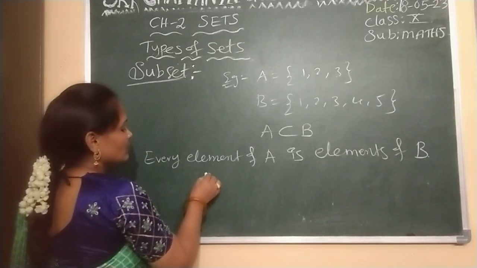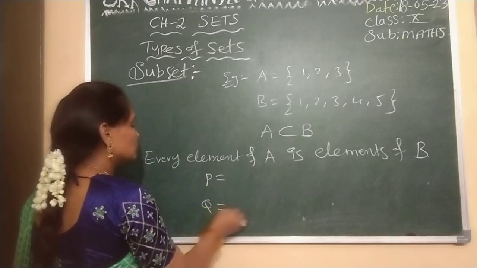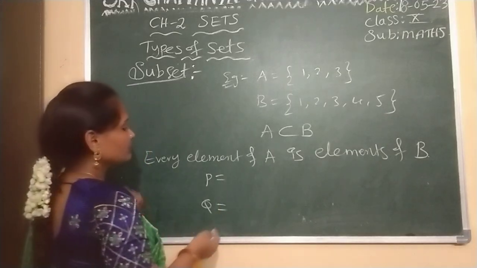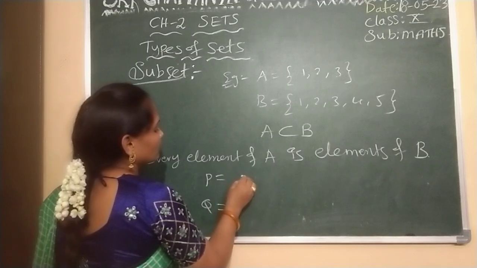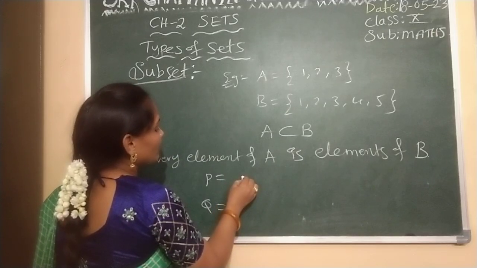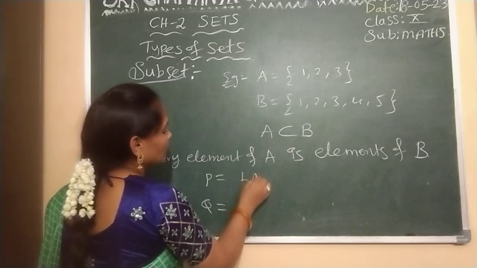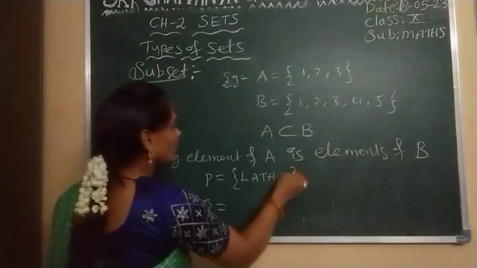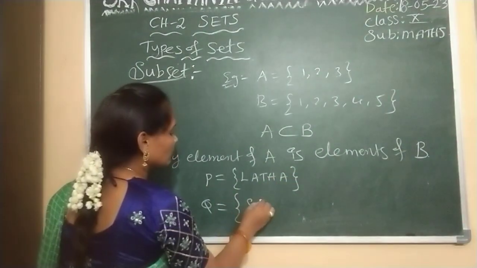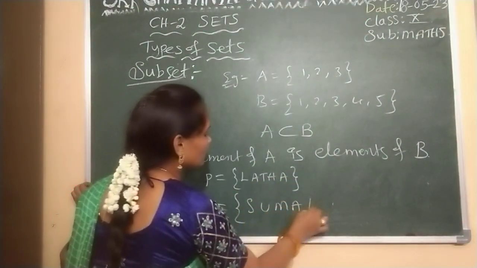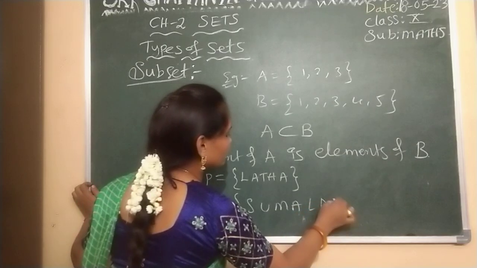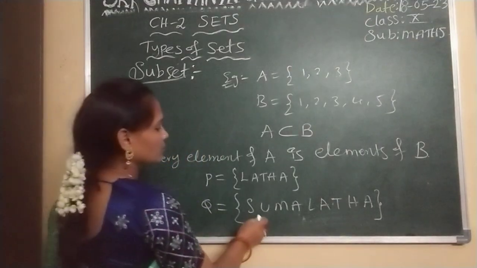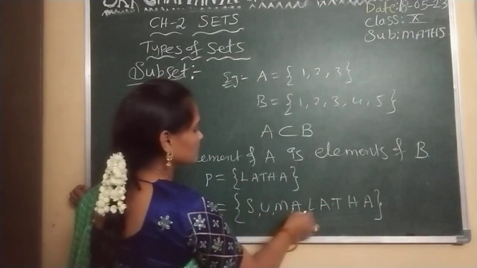One more example we can take. Suppose I have one set P and one set Q. Any example we can take. Here P = {Lata} and here one more set Q = {Sumalata}. Check it once.